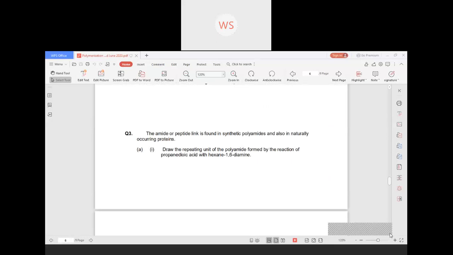And then number 3, the amide or peptide link is found in synthetic polyamide and also in naturally occurring proteins. Draw the repeating unit formed by the reaction of propane dioic acid with hexane 1,6 diamine.